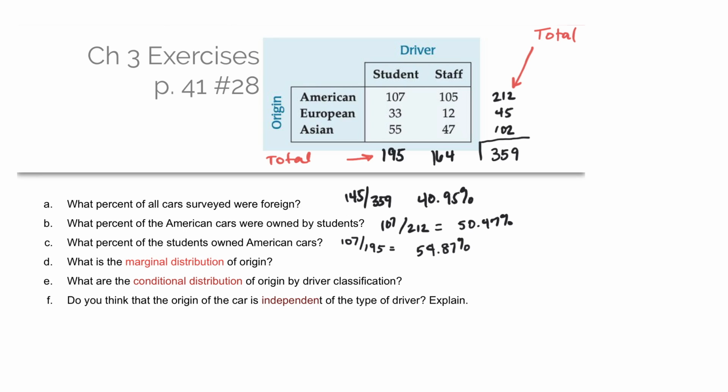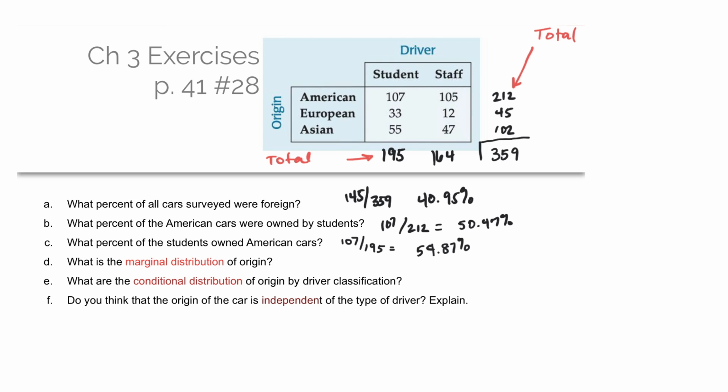Now, they're being very specific. They're not looking at just all the margins. They want us to look at origin. So if I take origin, I would like to know, out of the different values for origin, what percentage do they take up? So 212 out of 359, 45 out of 359, and 102, because there are those many cars in the total group.